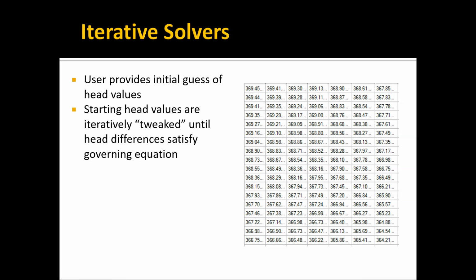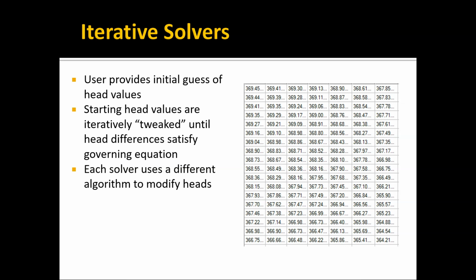It keeps changing the heads until it converges, until it gets to where the head changes required are smaller than some tolerance. We'll talk more about that later. And each solver uses a different algorithm to tweak or modify these heads over the course of these iterations.